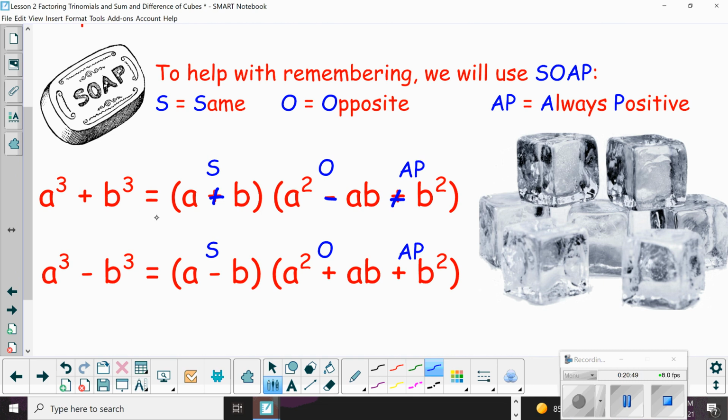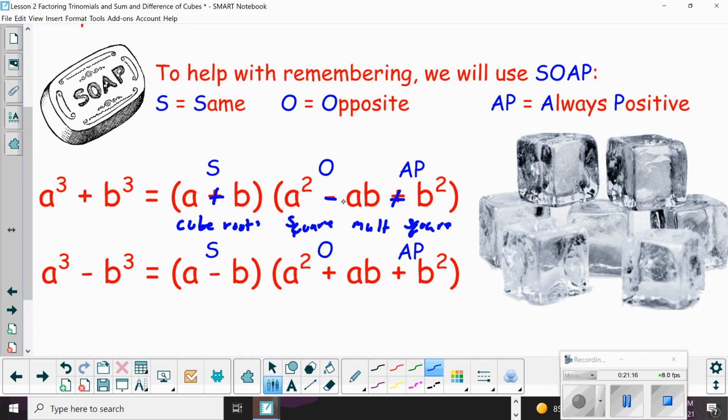Then, these are the cube roots. So I've got a and b. And then I'm going to square the first one, multiply the two of them together, and then square the second one. So a squared is here.